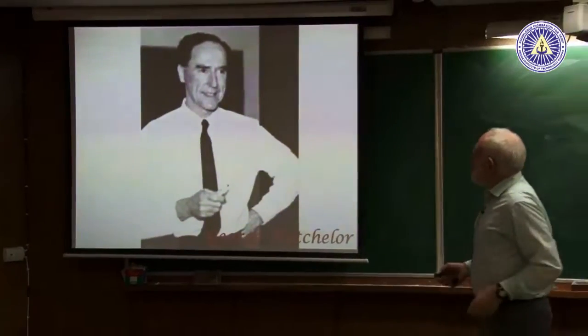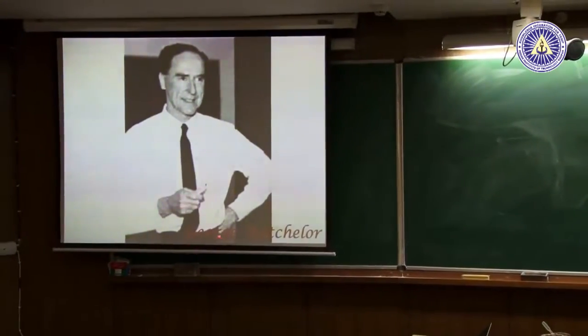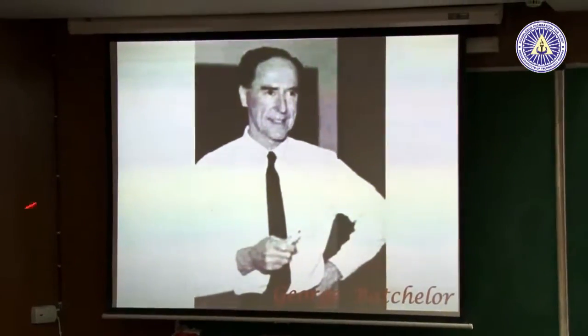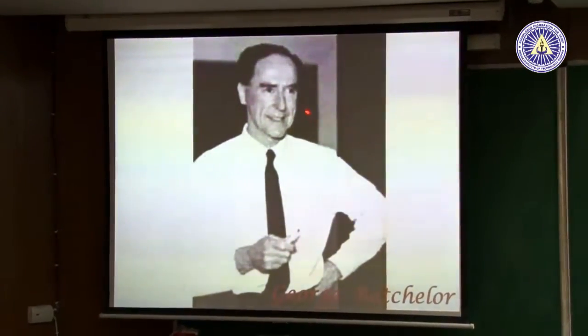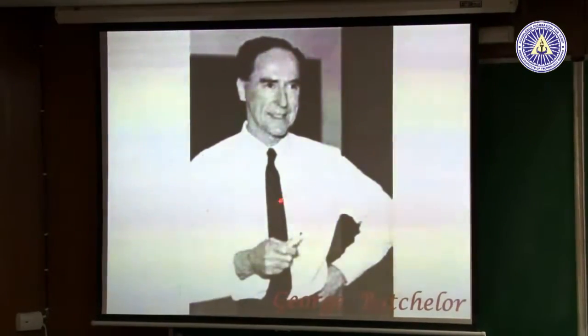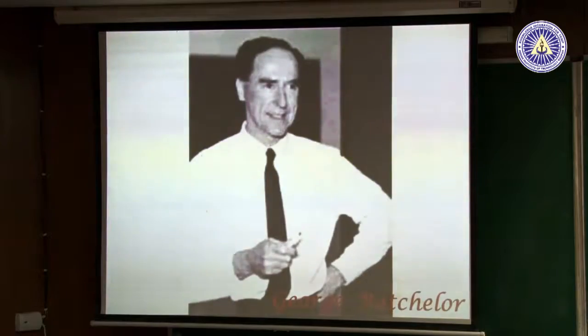Oh, and so here's George Batchelor. Gee, you can hardly see this. He was a wonderful guy, a great fluid dynamicist. I'm sure you know him from his books. He had the insight, and in my opinion his name ought to be associated with it, because he set the two students to work.